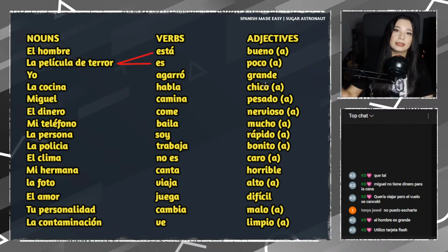Something that stays longer. For example, I could say, yo estoy feliz. I am happy. But then maybe in a few minutes, I'm not going to be happy because something happens. So that's why I'm using estar or estoy in that situation. Or I can say, yo soy Latina.